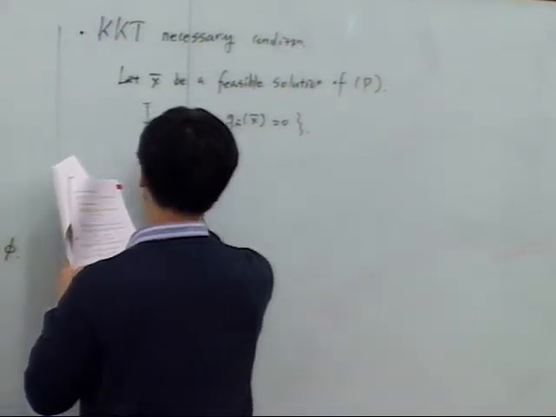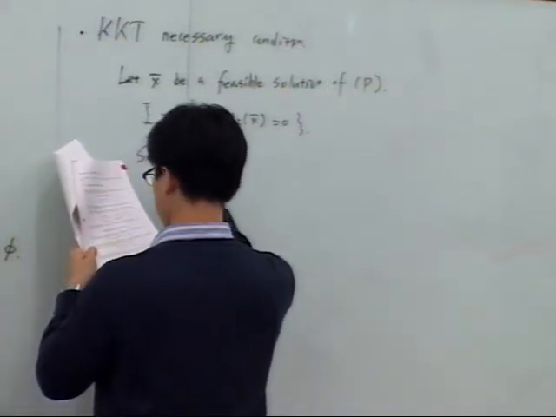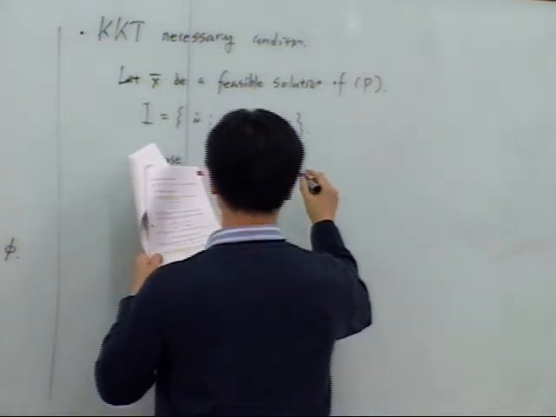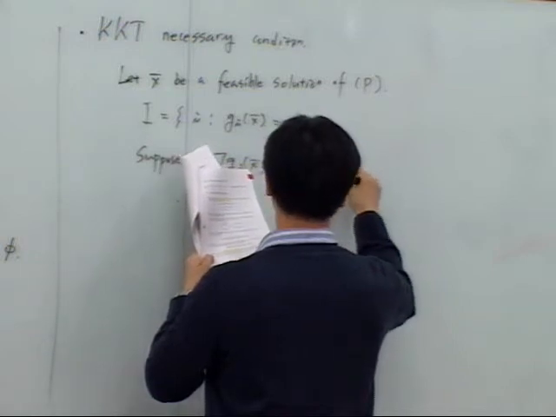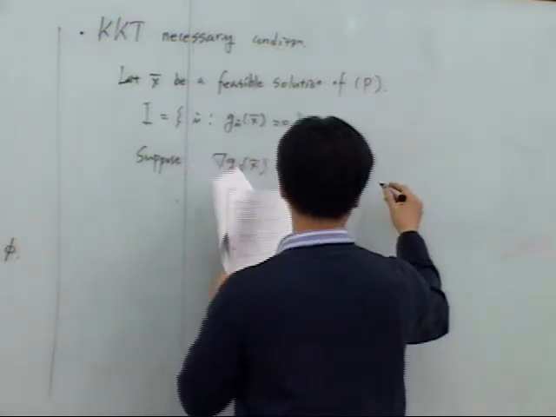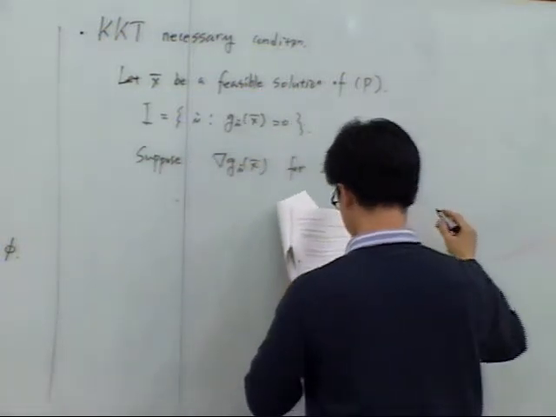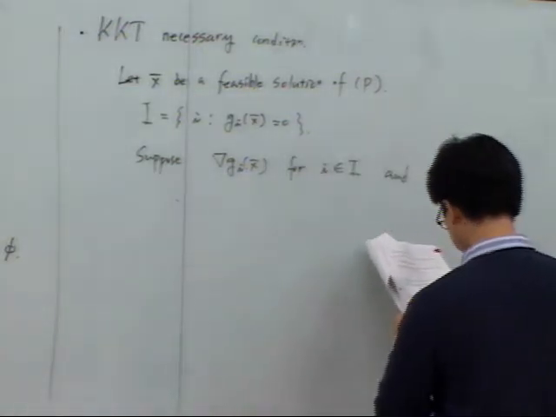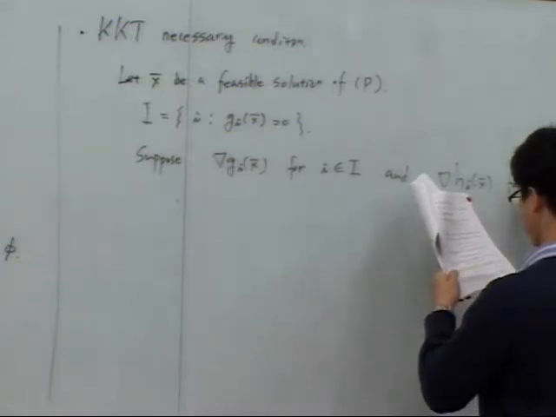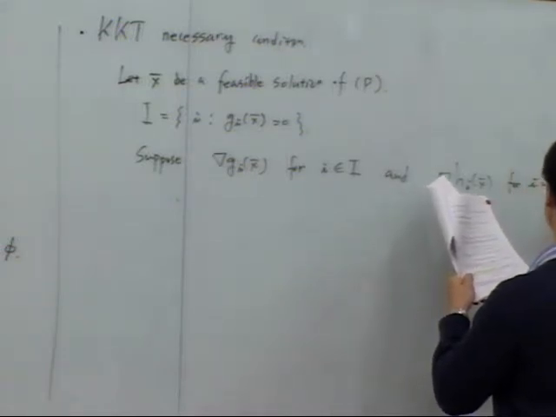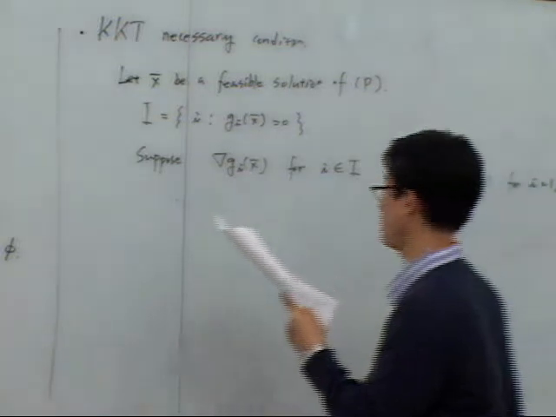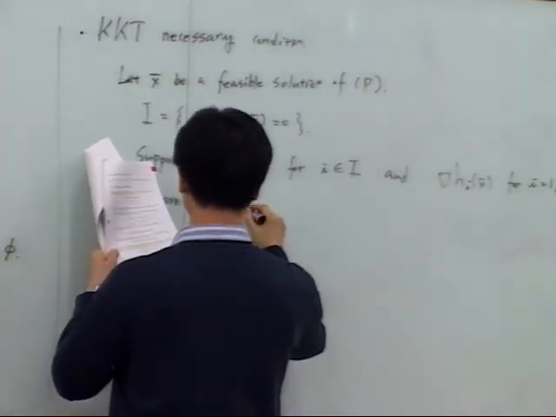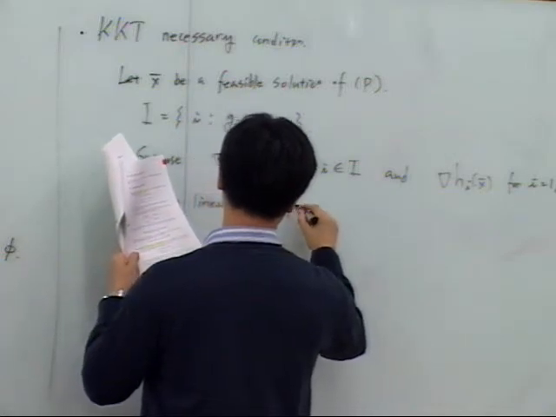Further, suppose that gradient g sub i for i in I, and gradient h sub i for the binding constraints are linearly independent.